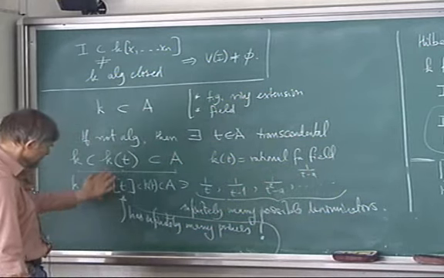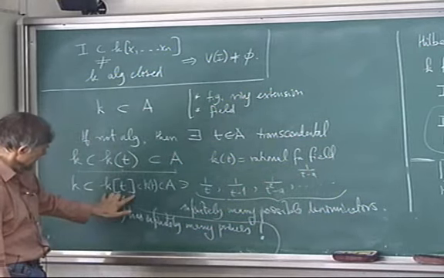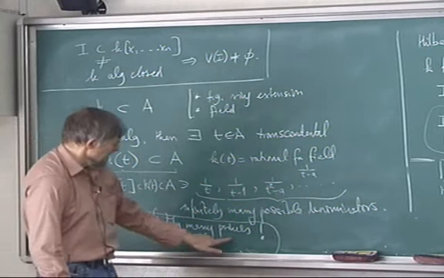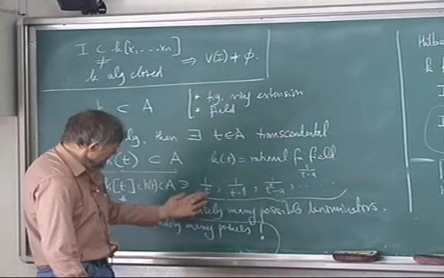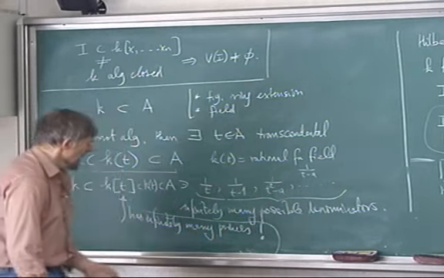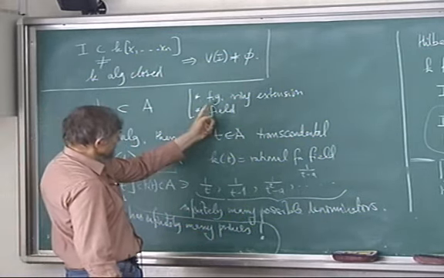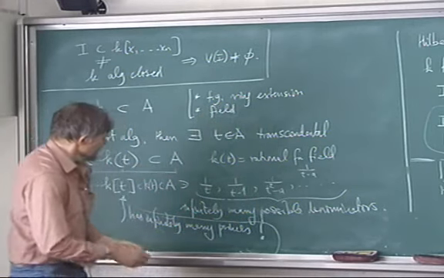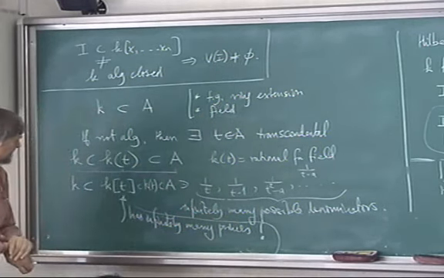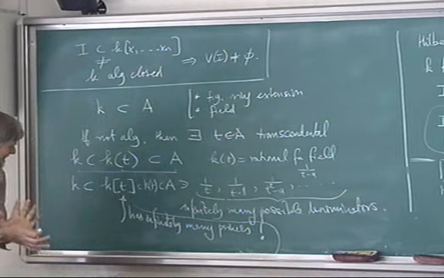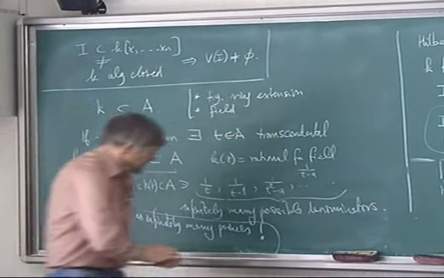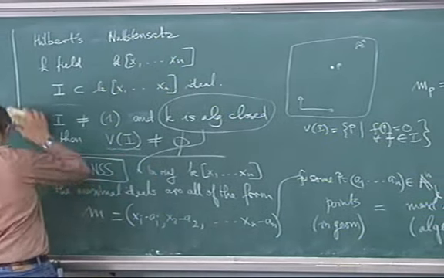However, it's just a basic fact that a polynomial ring has infinitely many prime ideals, and I have to put in one denominator for each of them. And that contradicts the fact that I have a finitely generated ring extension. Okay, so this is not a proof, it's just an explanation of why the result is true. I think it will be quite hard to make this into a proper proof.